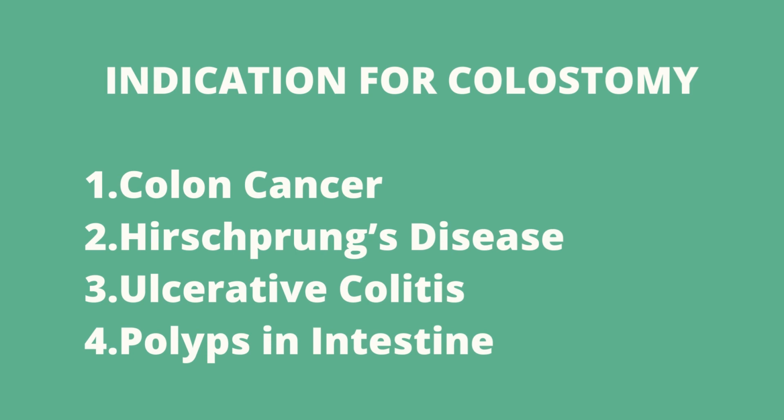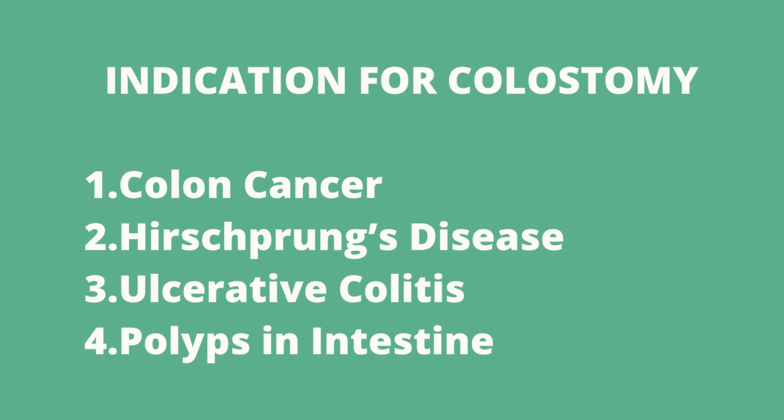Next, indications. Indication means when we have to apply this colostomy procedure, on which type of condition and on which type of patient we need to perform it. The first one is colon cancer.